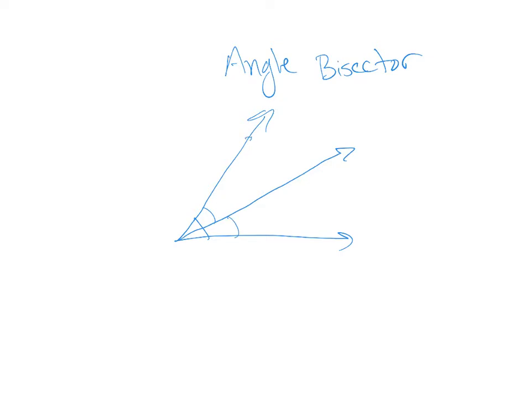So if we were to label this, let's say L, J, K, and M, we could say that angle LJK is congruent to angle KJM. It's important that J is in the middle of both of our angle names because it's the vertex point, so just be aware of that.